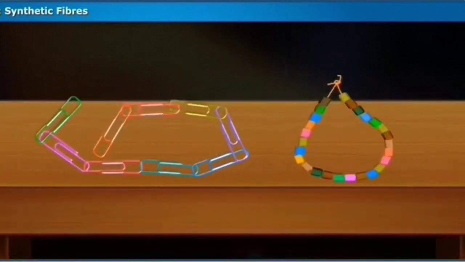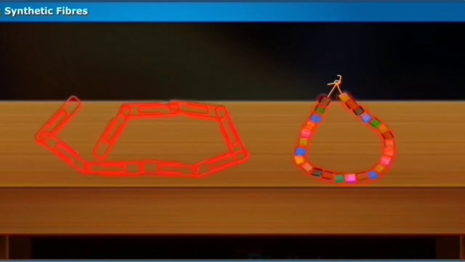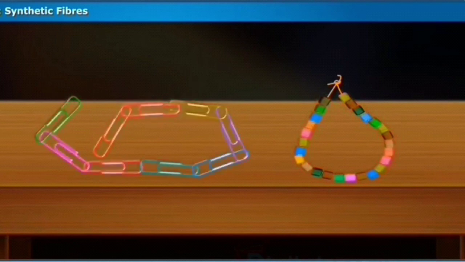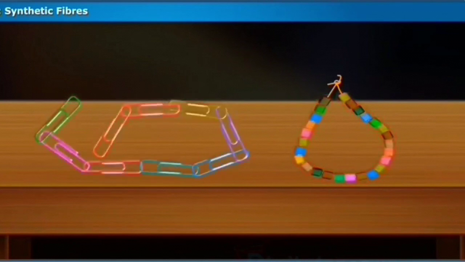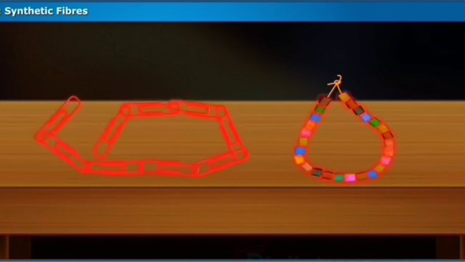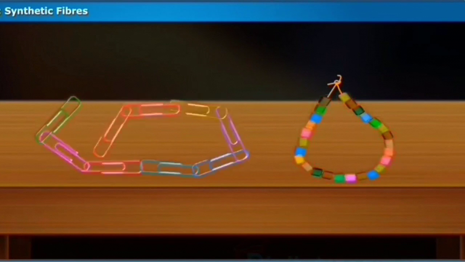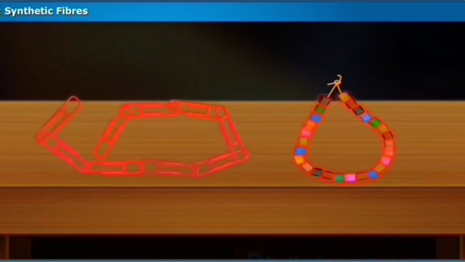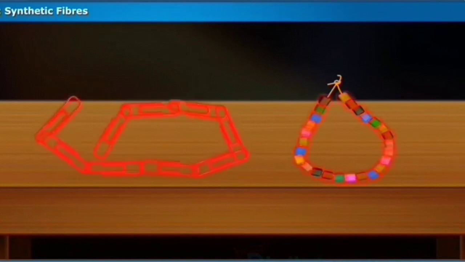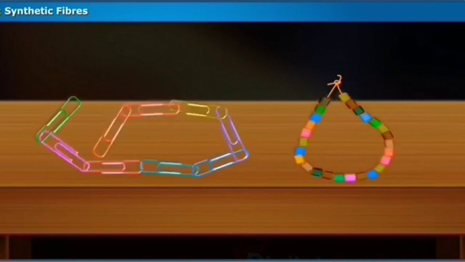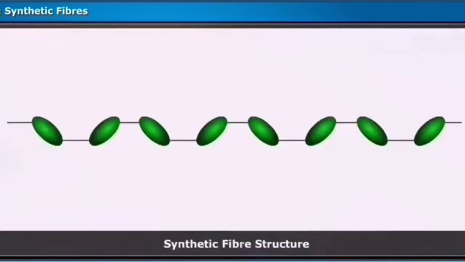Here each bead or paper clip is a separate unit, but when many such units are joined together, they form a new different structure. Similarly, synthetic fibers have a chain-like structure formed by joining small units together.